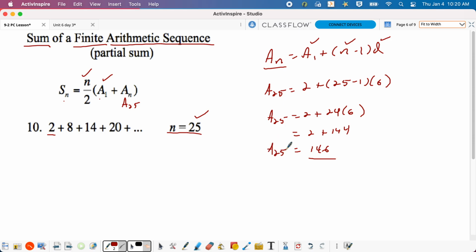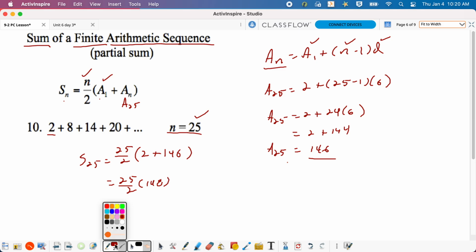So I'm going to come over here and say my S sub 25 equals 25 over 2 times 2, my first term, plus my last term. 25 over 2 times 148. To make my numbers a little bit better, I'm going to cross cancel. 2 goes into 148 74 times.